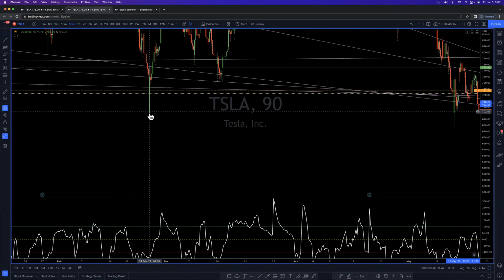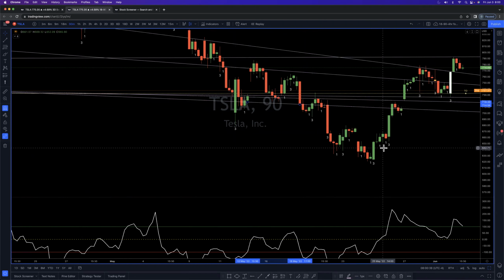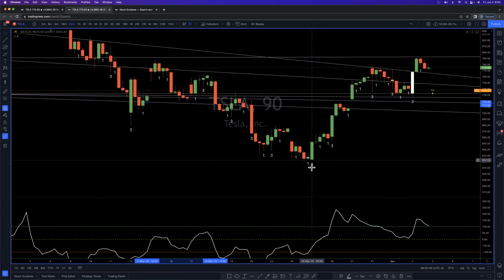This was that low in February. So we're in this range, guys. We're in this range. This was that monthly low. So we're just going to see how we got this two up, two down right here.